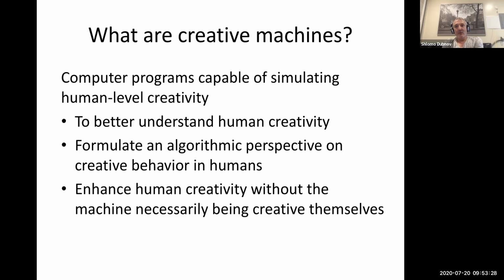So why would we study creative machines? One is to better understand human creativity, also formulate an algorithmic perspective on creative behavior in humans, and eventually create some synergy so the humans and the machines can work together and hopefully enhance human creativity without the machine necessarily being totally creative.